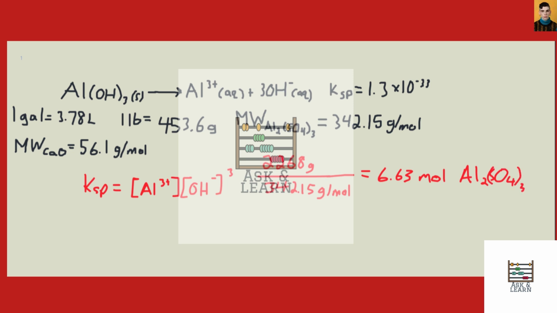And since there are 2 aluminum atoms for every aluminum sulfate molecule, we're going to multiply this by 2. That's going to be 13.26 moles of Al3+.